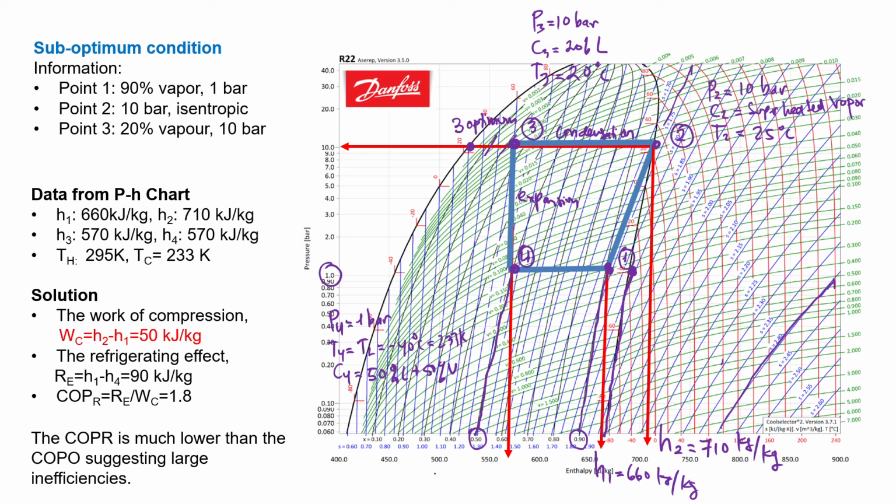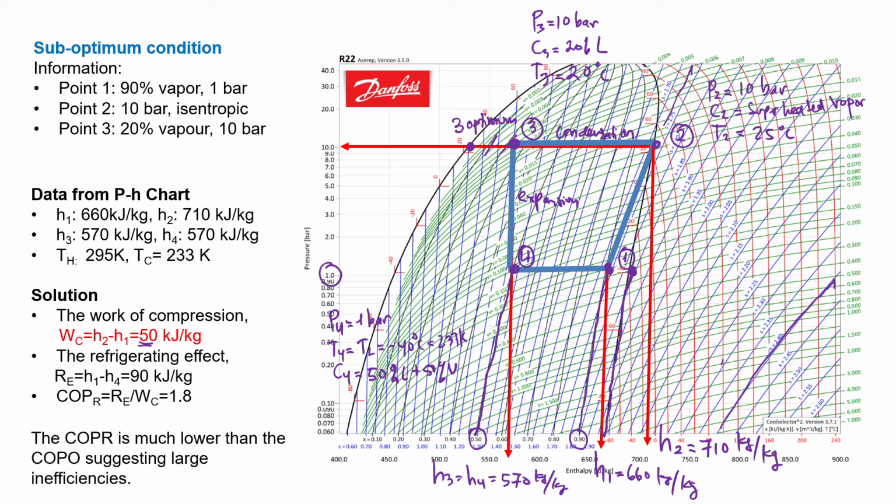We then go to H3 equal to H4 at this point, somewhere in between, it's around, I think, 570 kilojoule per kilogram, and then we do the normal analysis. So what is the work of compression? It is H1 minus H2, we get 50.